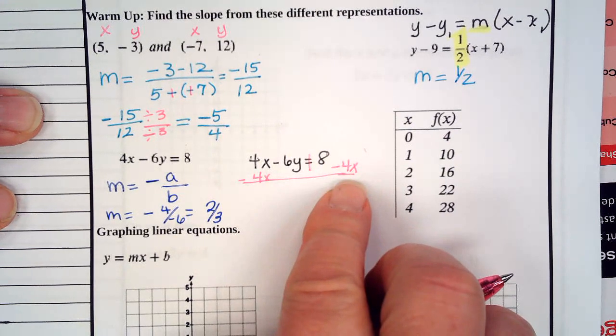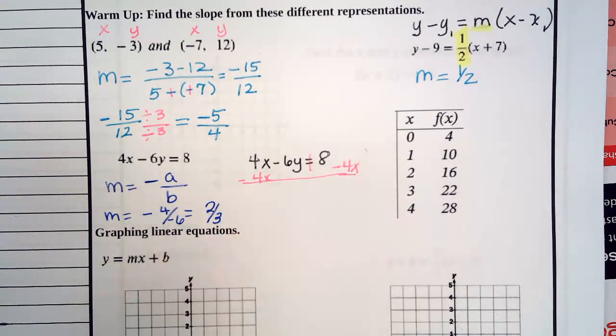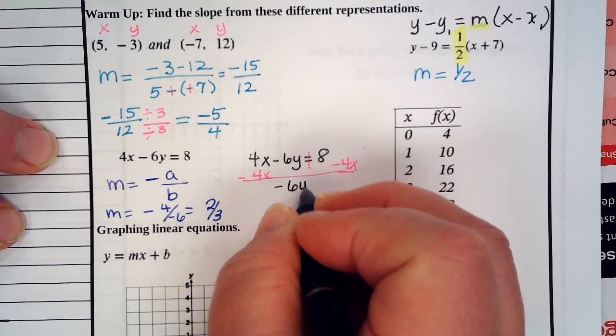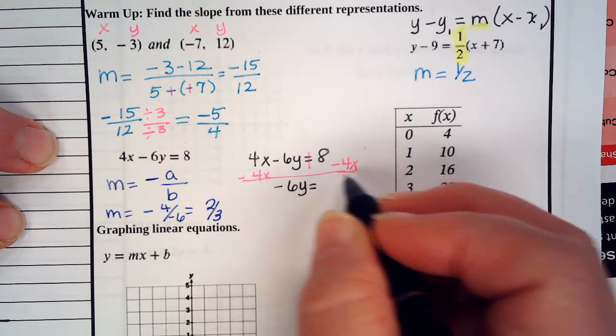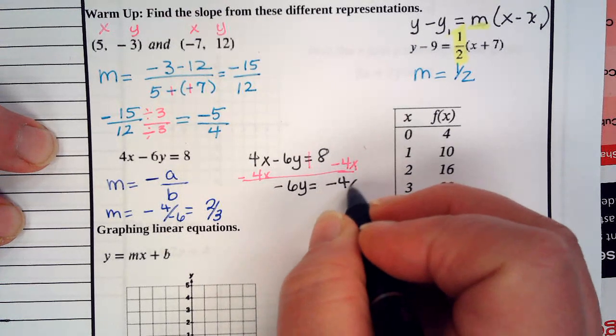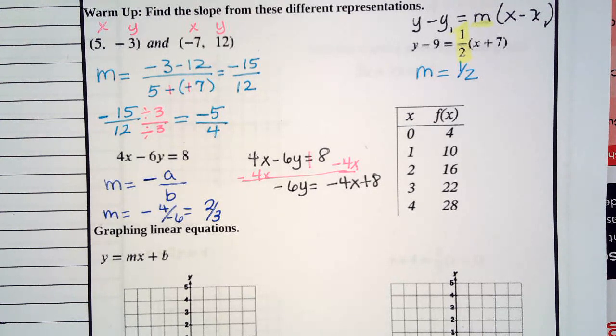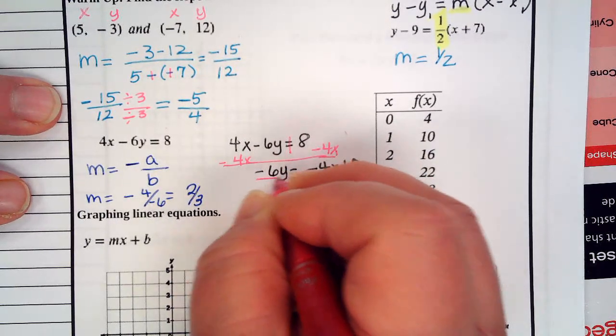You notice I don't put the 4x underneath the 8. They are not like terms. So -6y is equal to, I'm going to bring the -4x to the front, plus 8. Now, divide by -6 all the way across.